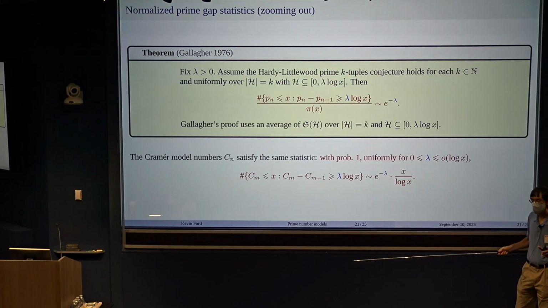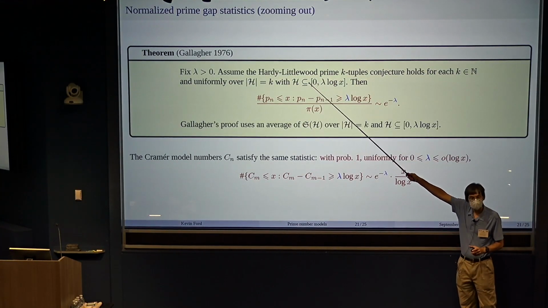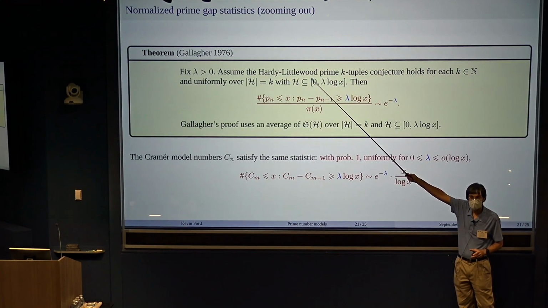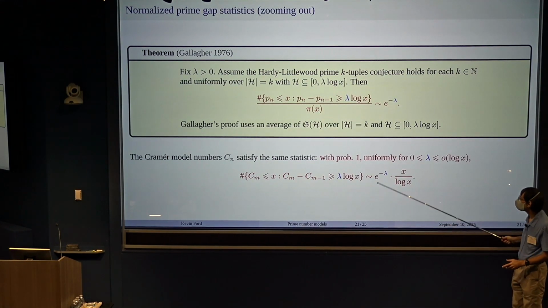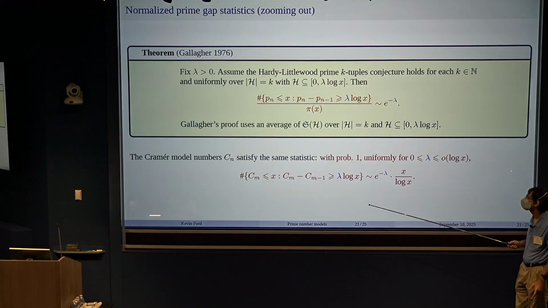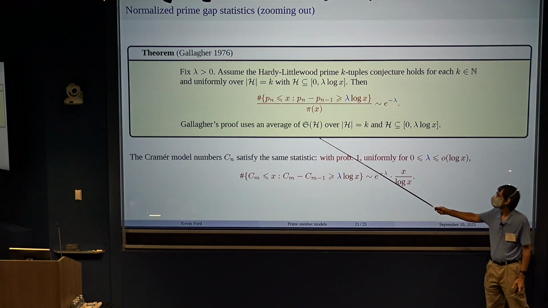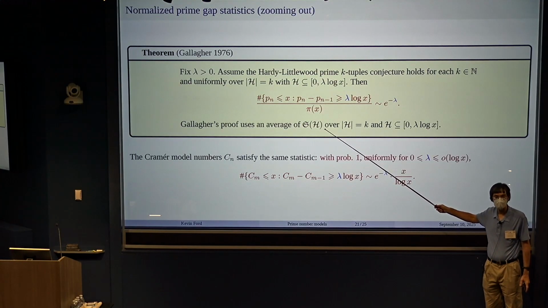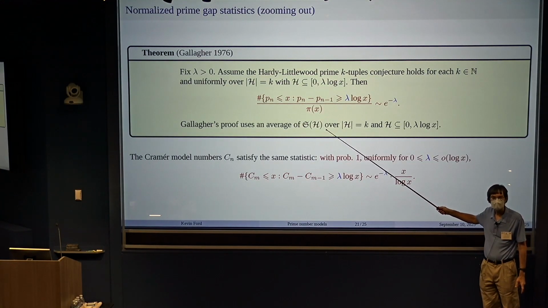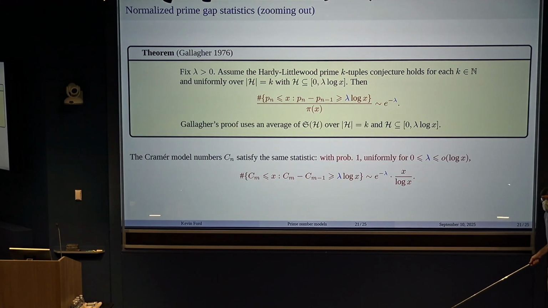The Cramer model did not match the Hardy-Littlewood conjectures. So why are we getting the same answer? The reason is that if you suitably average this quantity here, the average is 1. In Cramer's model it's equal to 1 all the time, but in reality, the average is 1.